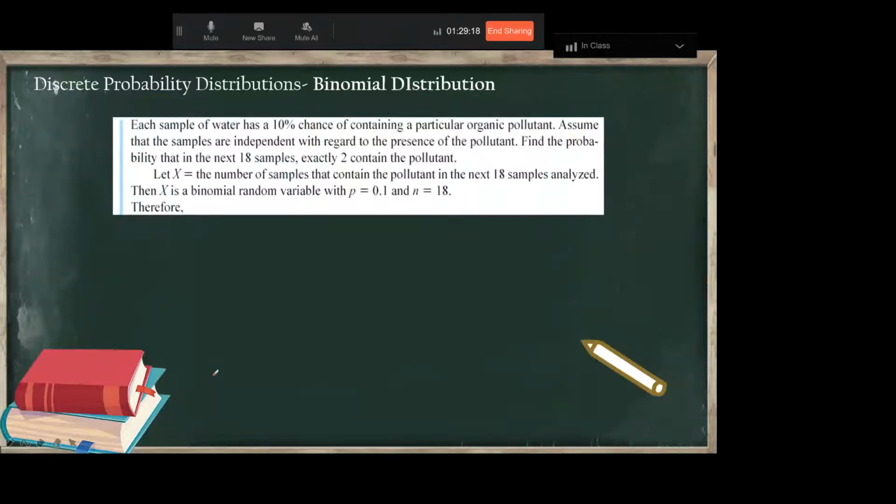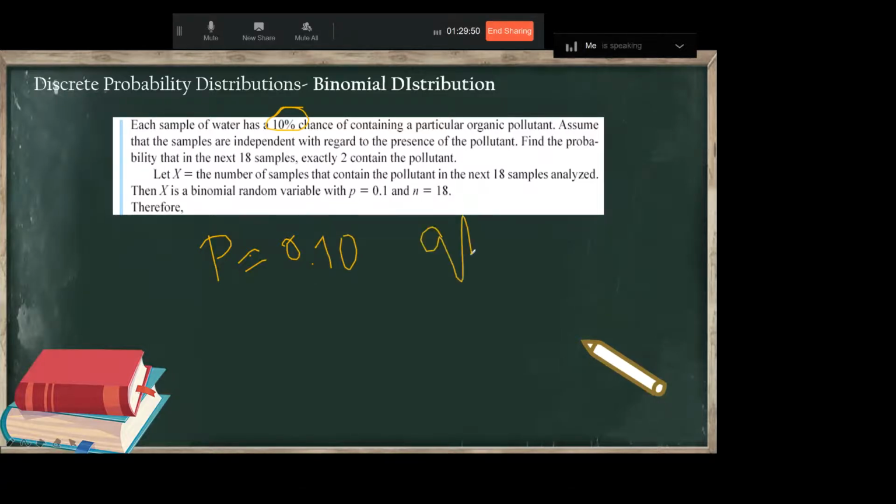Now let's start doing some examples. I will do one example, then I will let you do some examples as well. Each sample of water has a 10% chance of containing a particular organic pollutant. So p is given, 0.10.